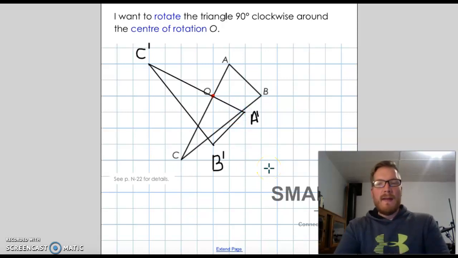One of the ways to check if you've done the rotation correctly is to measure this AC prime line with CA prime. If these two lines intersect here at a 90-degree angle, if they're perpendicular, then you've done the rotation correctly. Now this does indeed represent a 90-degree rotation to the right. Sorry, clockwise.